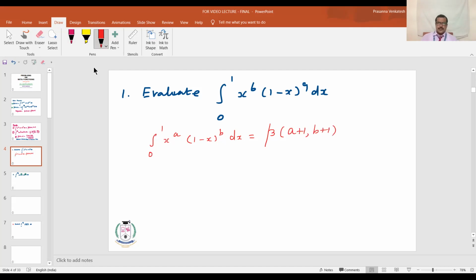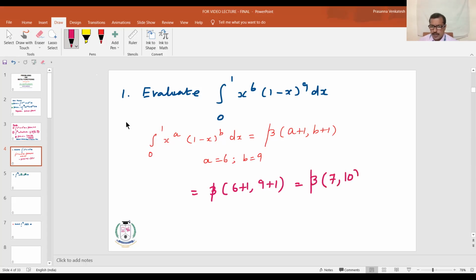So from this, we find that value of a is equal to 6, value of b is equal to 9. So I can directly write this is equal to beta of 6 plus 1 comma 9 plus 1, which is equal to beta of 7 comma 10.